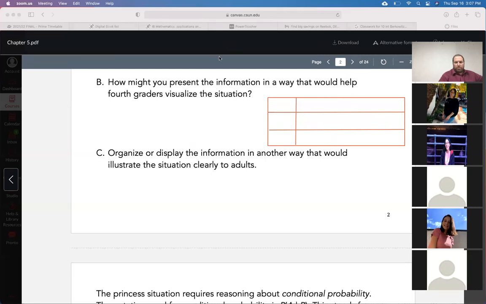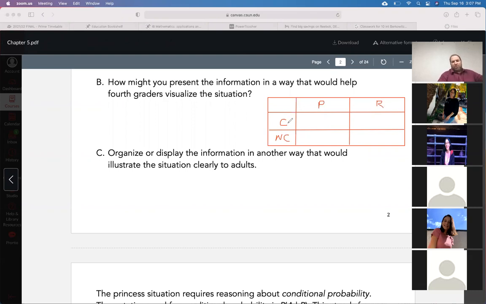Here we have crowns and no crowns. Here we have princesses, and here we have regular ladies.